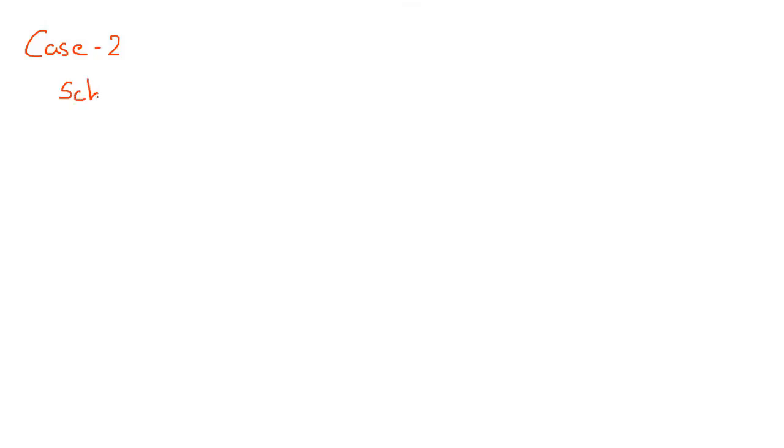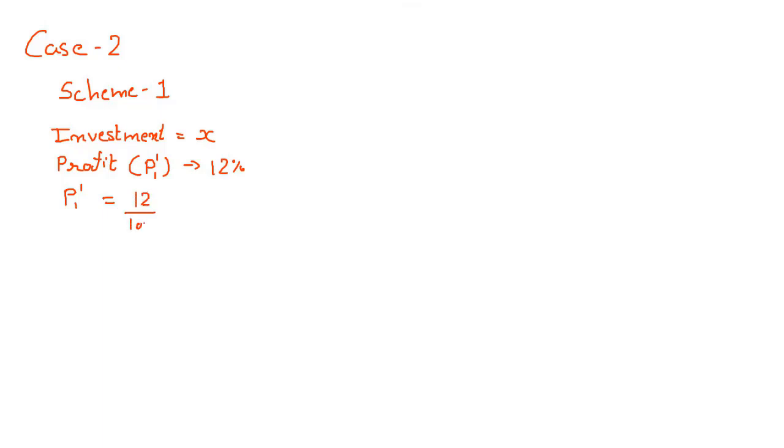Therefore, in scheme 1, the amount of investment is again X. But now the profit, let us denote it as P1 dash, will be 12% over the invested amount, and therefore P1 dash would be 12% of amount X, which will be equal to 12 by 100 times X, that will be equal to 0.12 X.